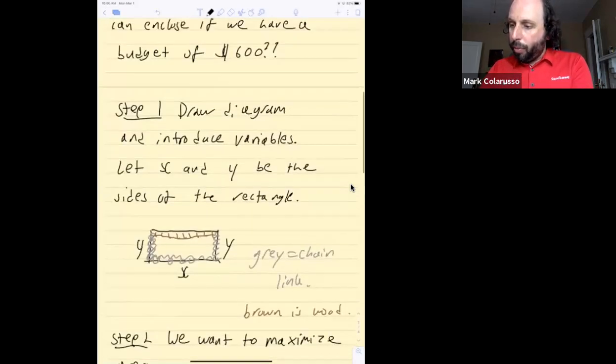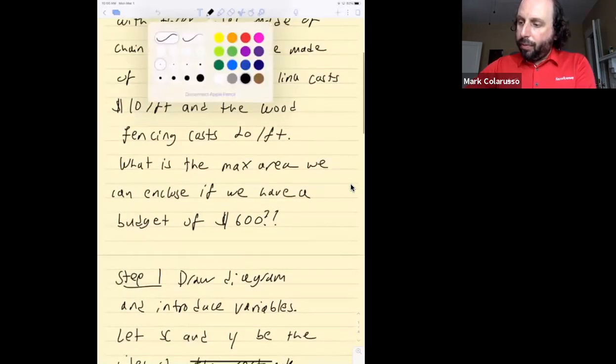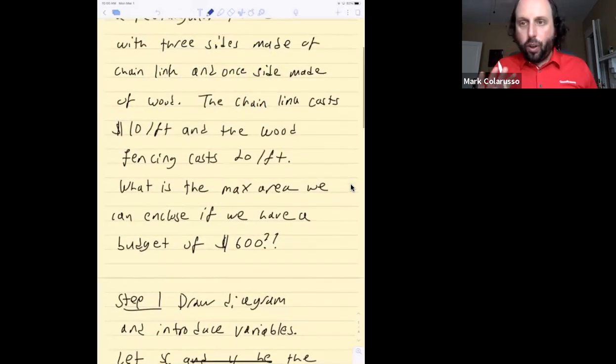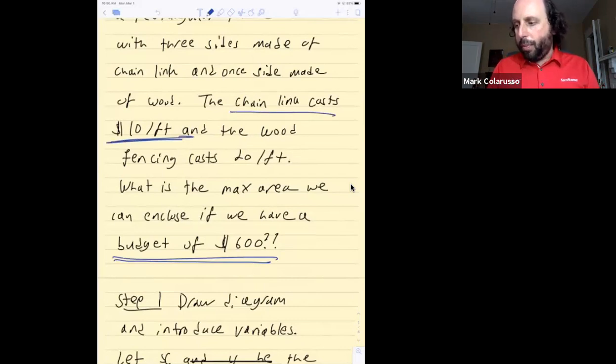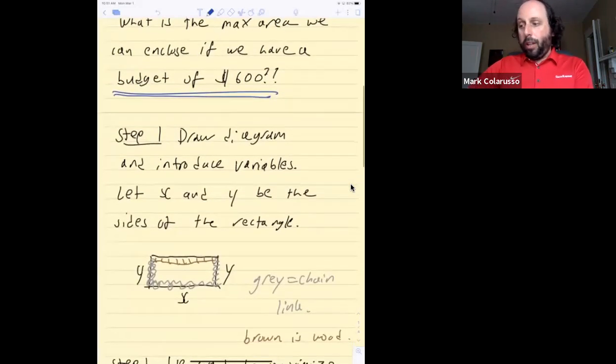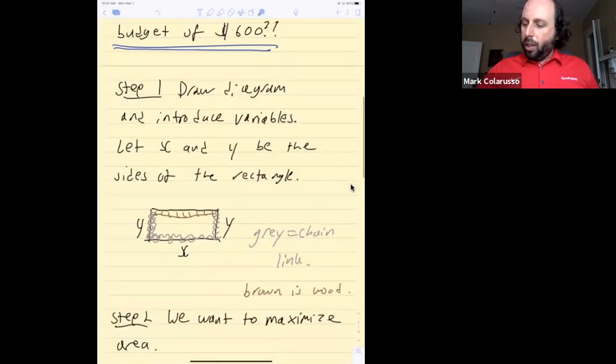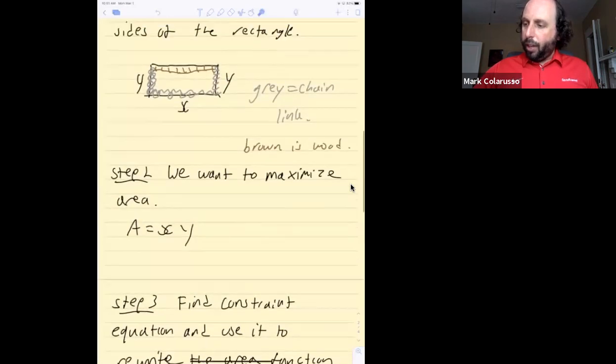So let's go back up to the statement of the problem. We have to underline the information that's involved in constructing the constraint. We have a budget of $600. The chain link costs $10 per foot. The wood costs $20 per foot. So we have to use that information along with my picture of wood and chain link to write down the constraint equation.